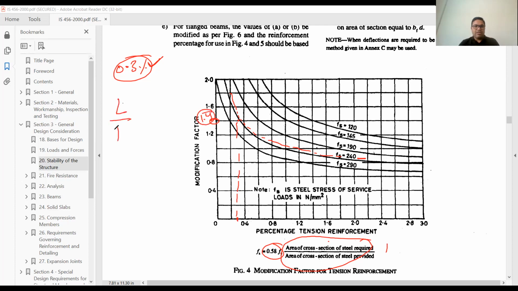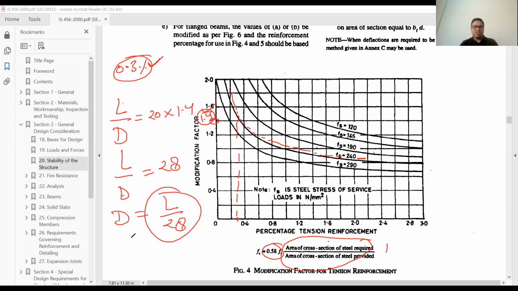So now the L by D ratio, if we have a simply supported slab, will be 20 into this factor 1.4. So this becomes L by D equals 28, or we can say that D equals L by 28. So this is how we can initially estimate the depth or the thickness of the slab in our case.